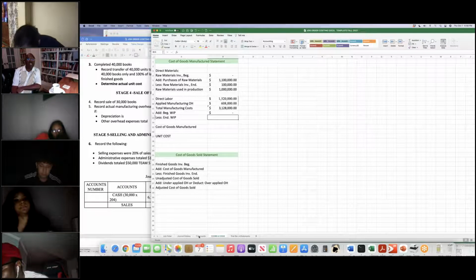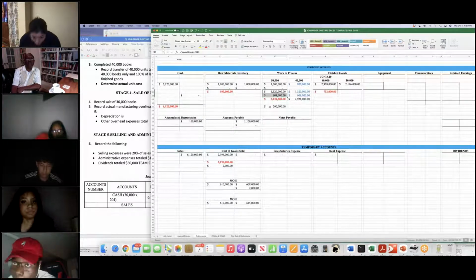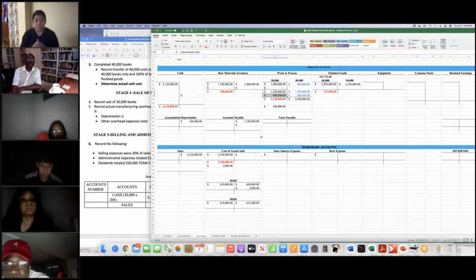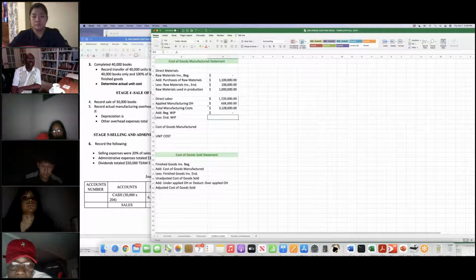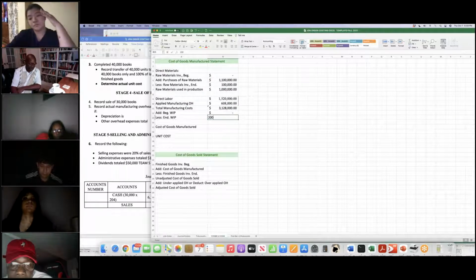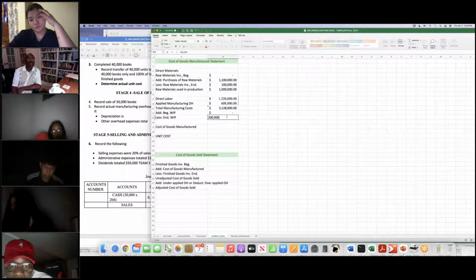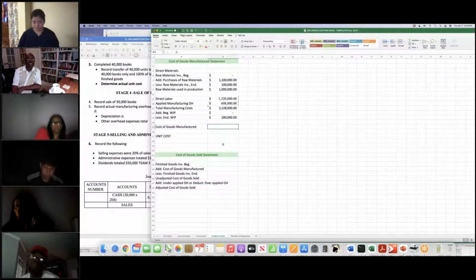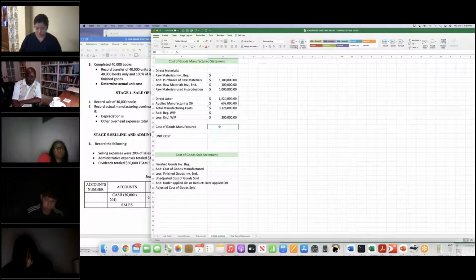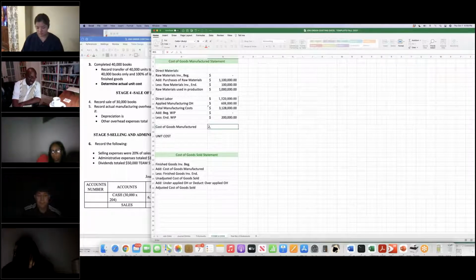If we go back to our T accounts, 200,000. And so the cost of goods manufactured ends up being $928.